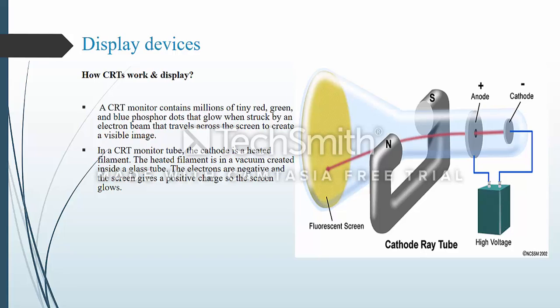Focusing and accelerating anodes are used to produce a narrow and sharp beam of electrons. Horizontal and vertical deflection plates are used to control the path of the beam. The evacuated glass envelope is made with a phosphorescent screen which produces a bright spot when struck by a high velocity electron beam.